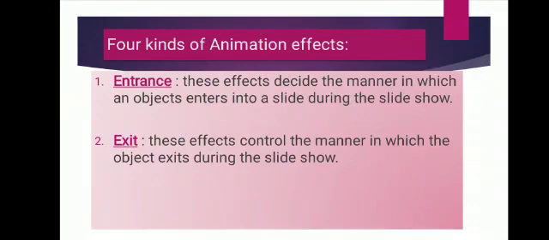Means when you start the slideshow, how your selected object will enter the slide. This you will select with entrance. Same for exit. These effects control the manner in which the object exits during the slideshow. When you add any exit effect on an object, it will make sure that it will go out in the same manner.